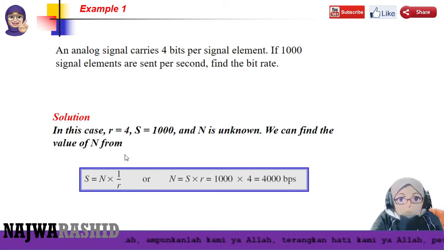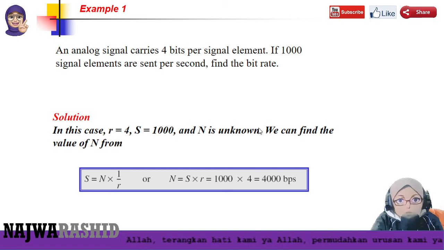Okay, we just fill it in. Sorry, r equals 4 because we have 4 bits per one signal. And then S refers to the baud rate, 1000 signal elements. N is unknown.